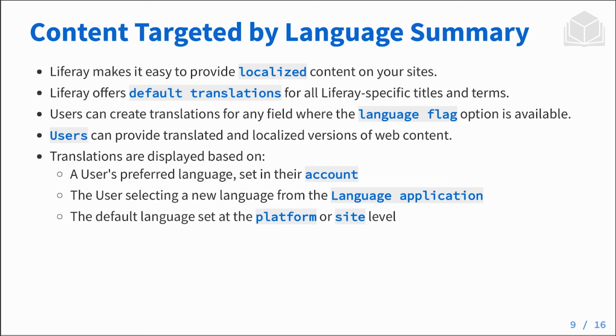You can use things like the language widget on a page to select a language, or users can select it from their account itself. And of course, we select the translations at either the platform level or the site level. Remember, the platform level includes all of the languages available on the platform, and the site level is where we can get more specific and even change the default language if it makes sense.